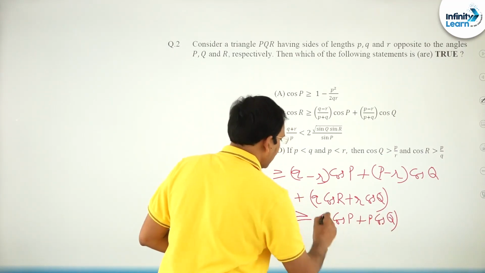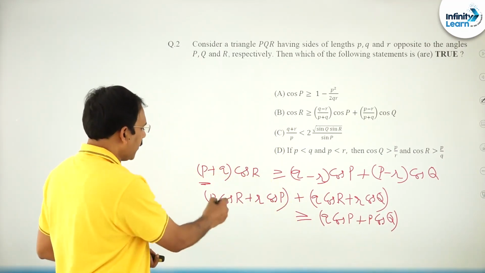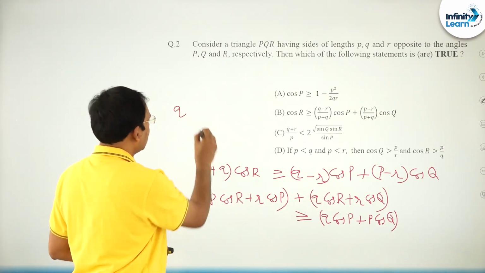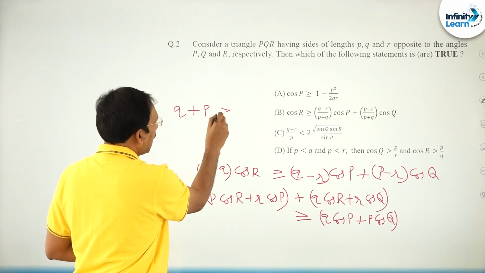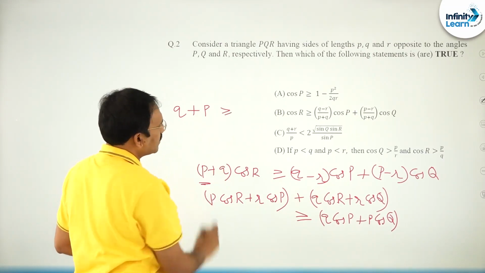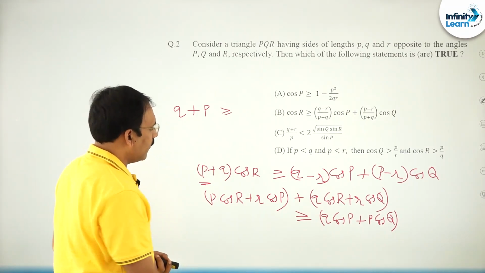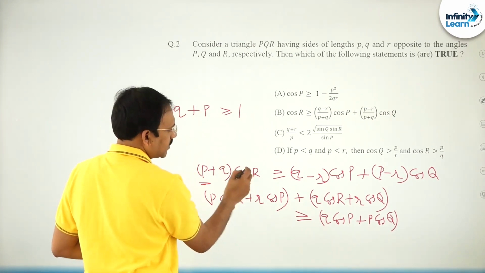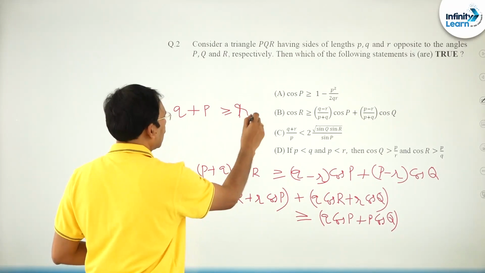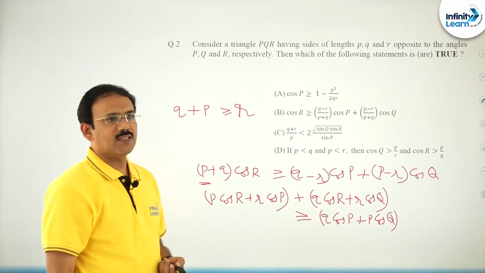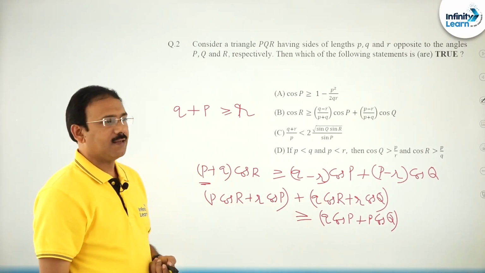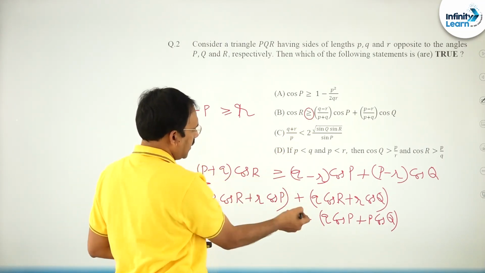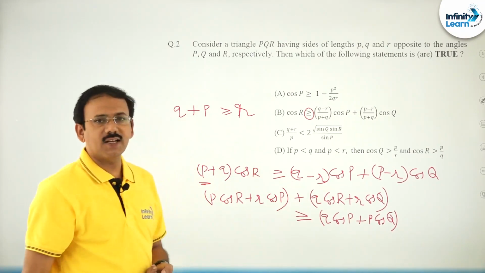I think you are aware of the projection rule. By the projection rule, this is nothing but Q, this is nothing but P, greater than or equal to what he has given. This is P, and Q means this is R. So friends, I mean to say here, if it is strictly greater than, I can say the sum of any two sides is greater than the third side.